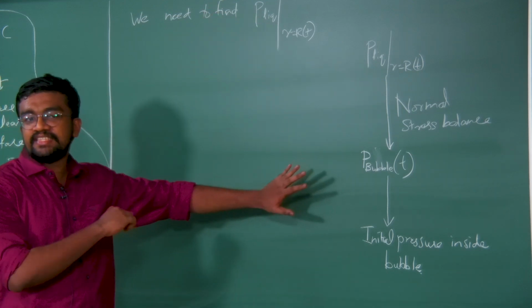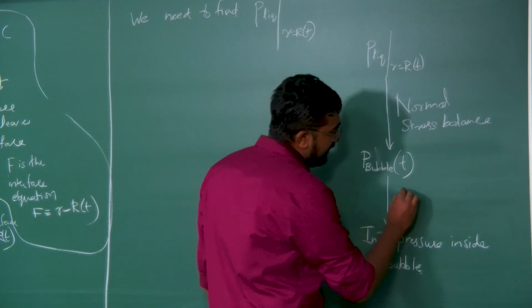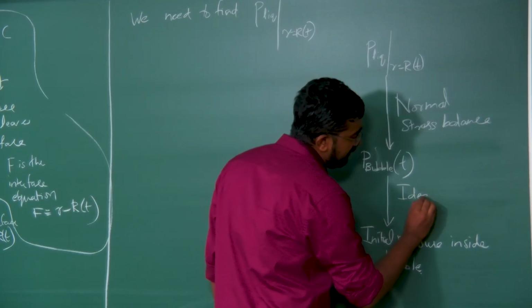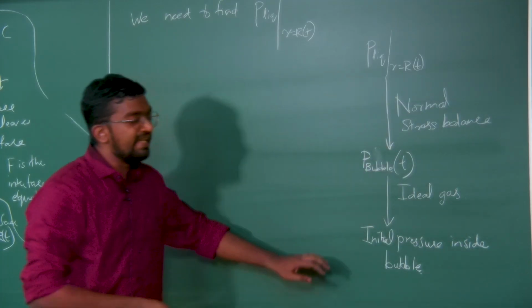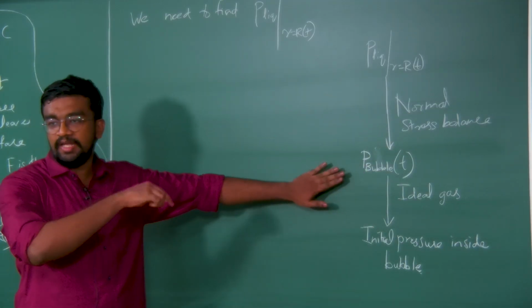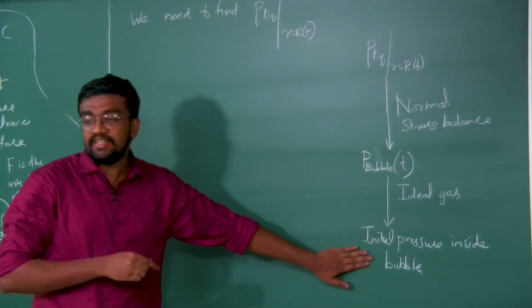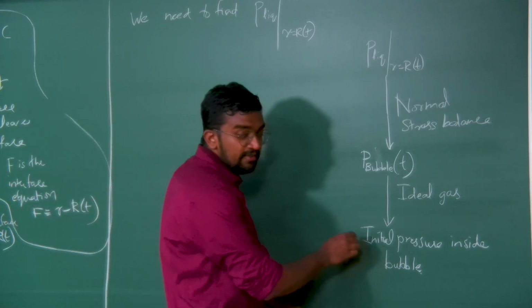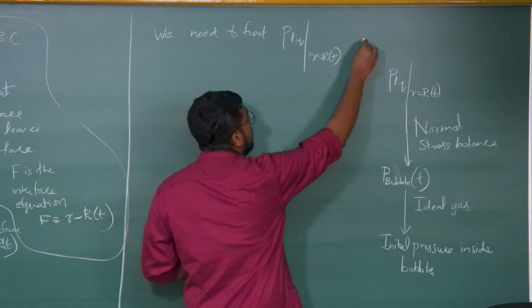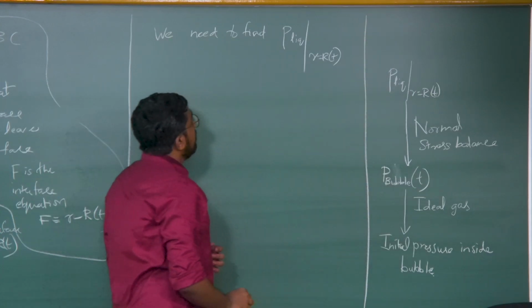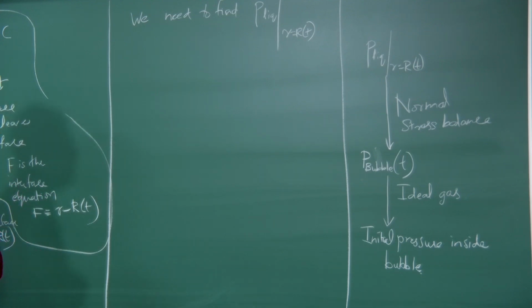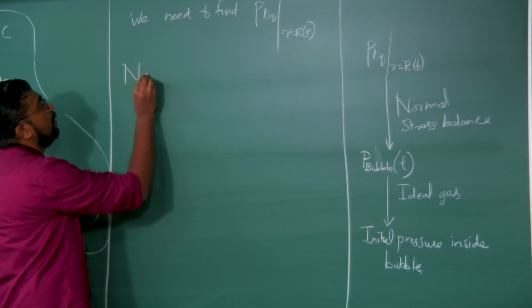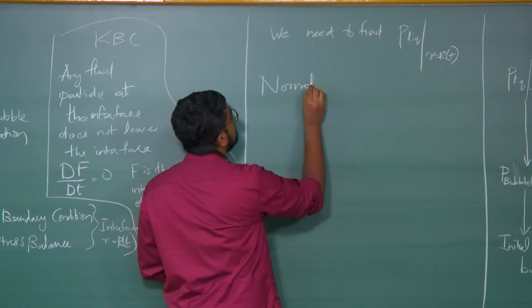So the gas inside can be expressed using the ideal gas equation. We will use the ideal gas equation to relate the pressure at any given time, using the volume, to the pressure inside the bubble initially. We will do this today. So the first thing is we need to do the normal stress balance at the interface.